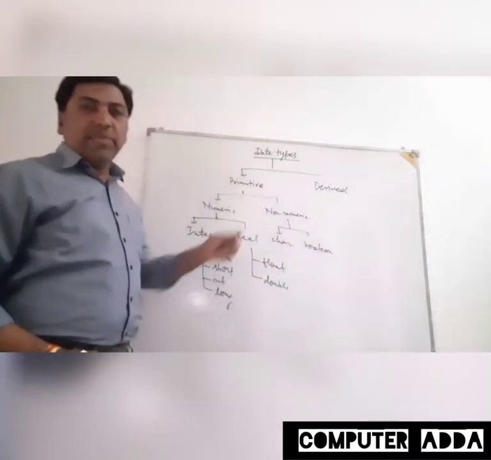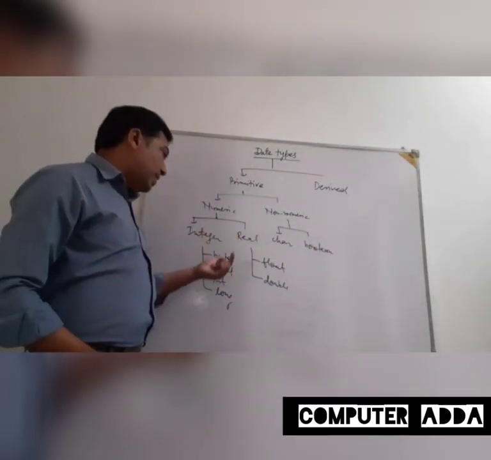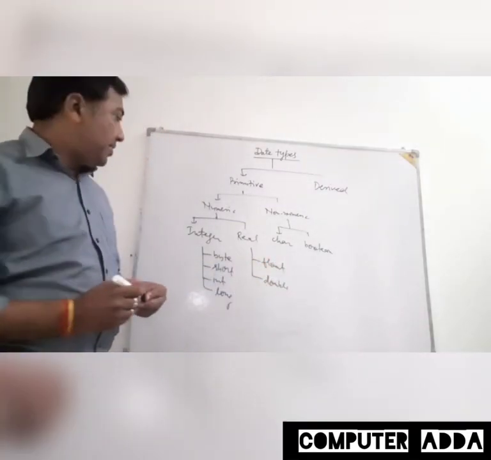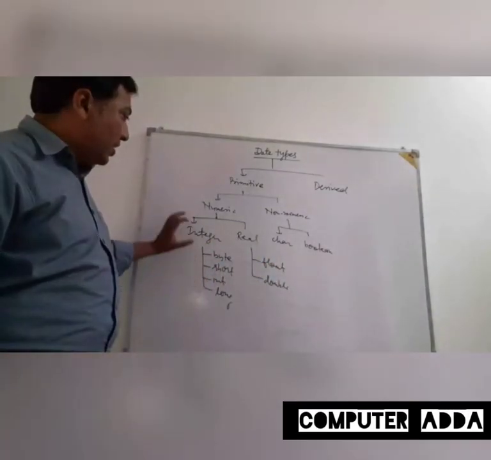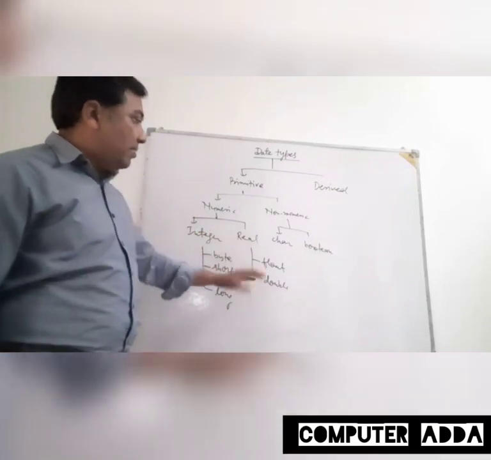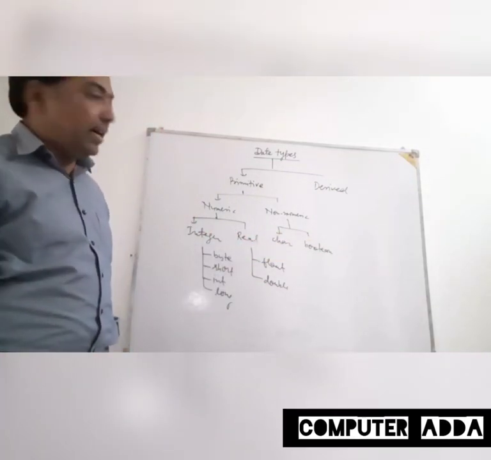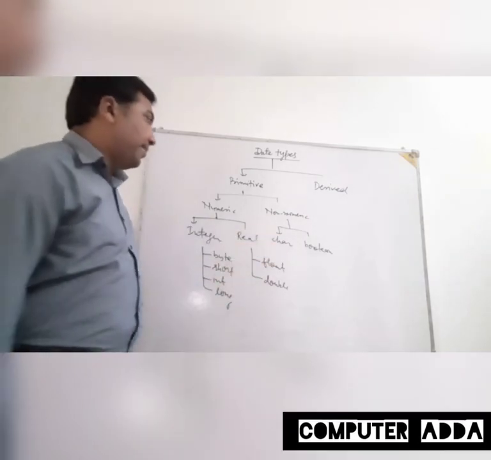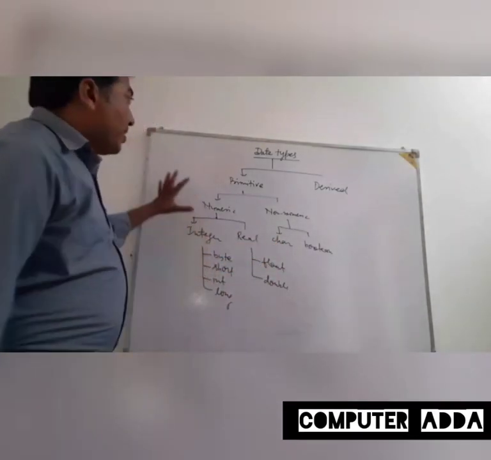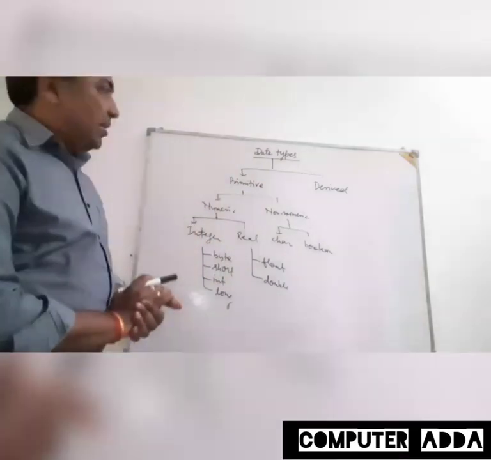So altogether, in Java there are a total of 8 primitive data types: byte, short, int, long, they are in the integer category; float, double, they are in the real category; char and boolean, they are in the non-numeric category.